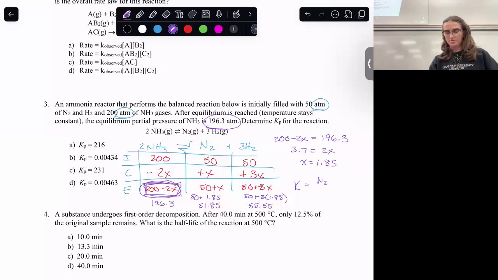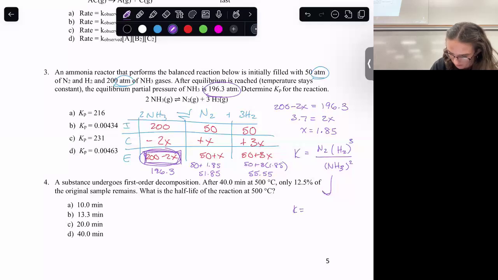N2 times H2 to the power of 3, divided by NH3 squared. So then this becomes 51.85 times 55.55 cubed over 196.3 squared.